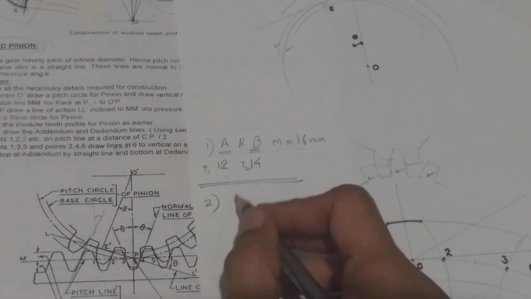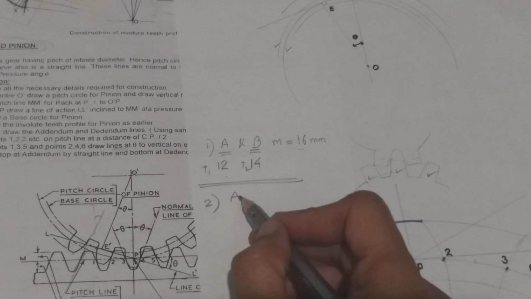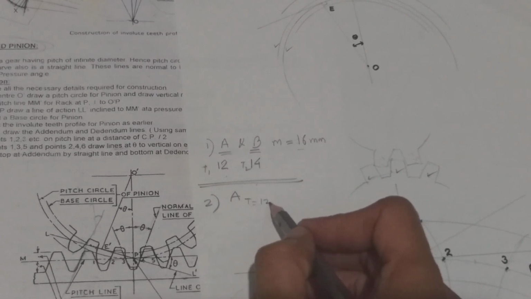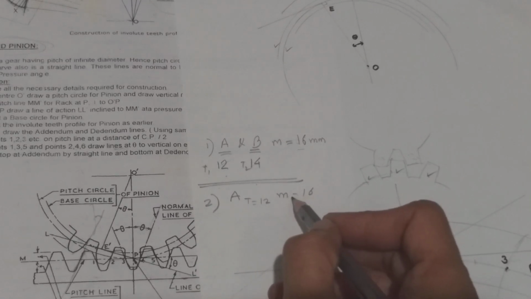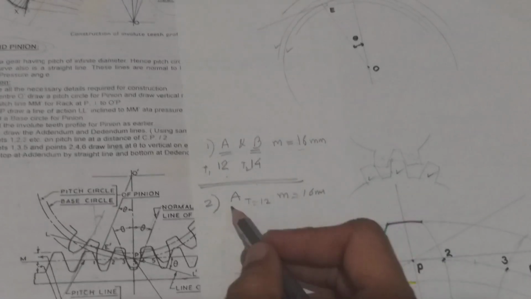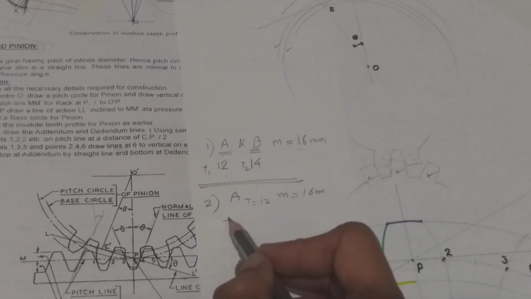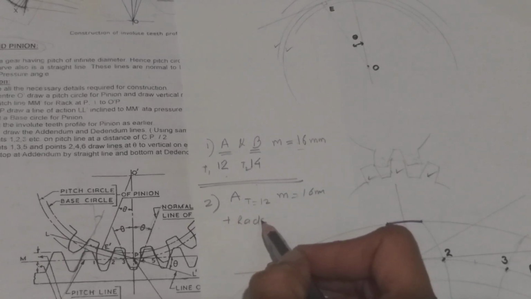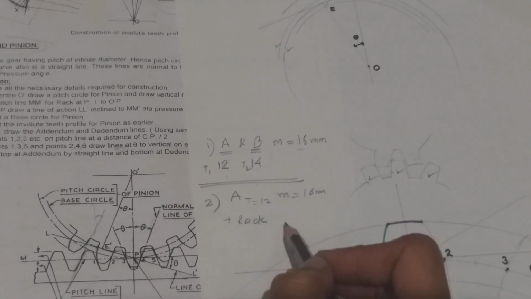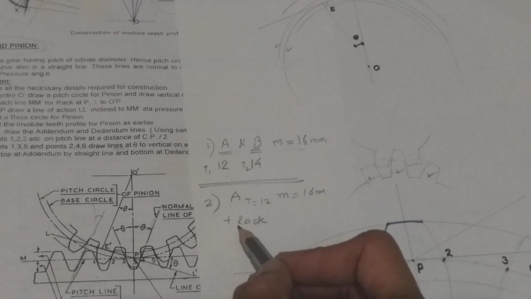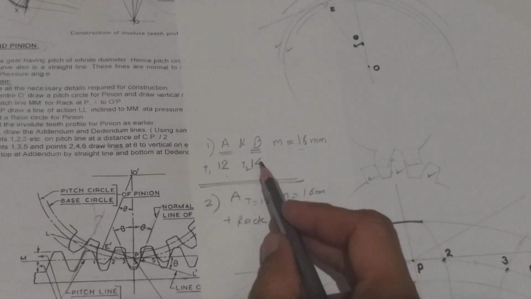The second exercise is rack and pinion, where A, let us keep the same A with T equal to 12. Module also let us keep the same, 16 mm. So this is one of the gears called the pinion, and then after the pinion there is a rack. The rack doesn't need any details. So a rack and pinion matching with this size pinion. So this is the second exercise, that was the first exercise.